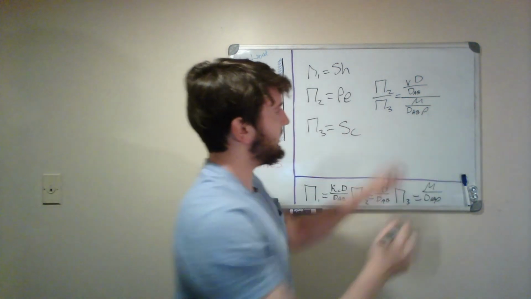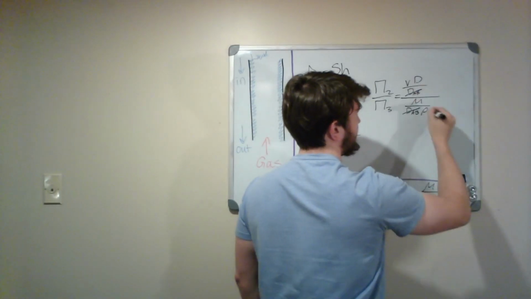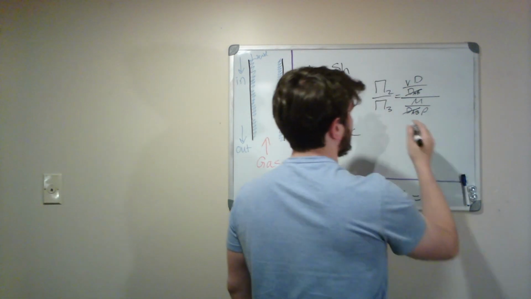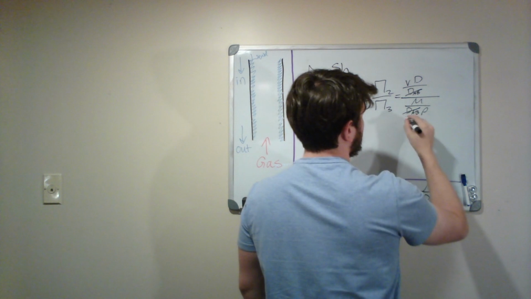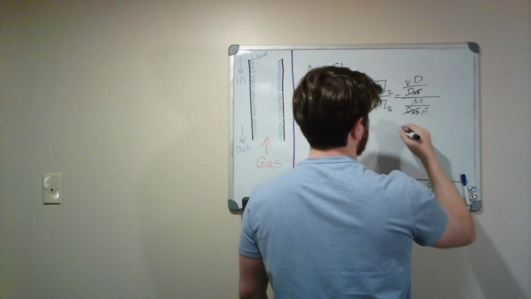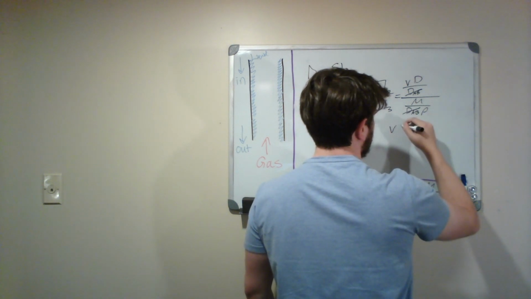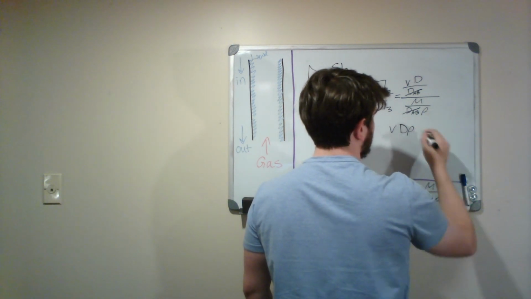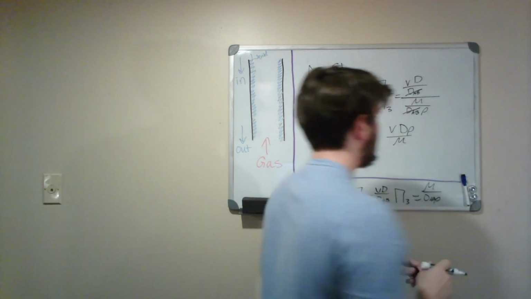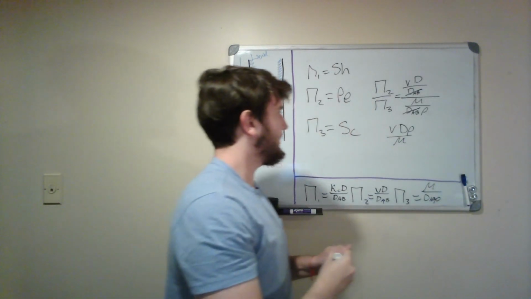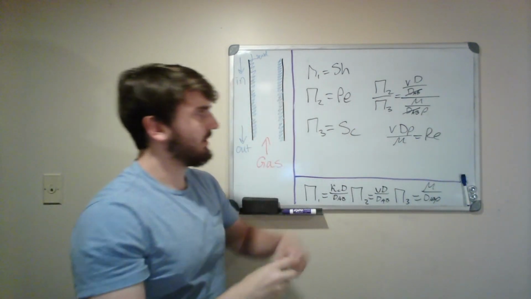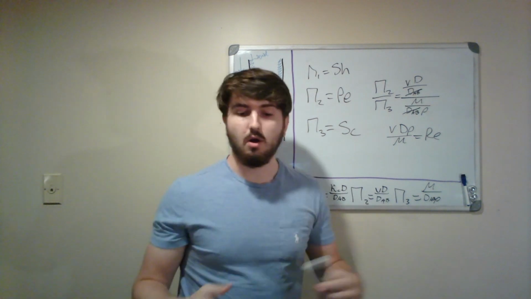And with that, we can actually see cancel this out, this moves up to the top. So we get that it is the velocity times the diameter times density all over the viscosity. And that is equal to the Reynolds number. And all that is just the pi2 over that pi3.